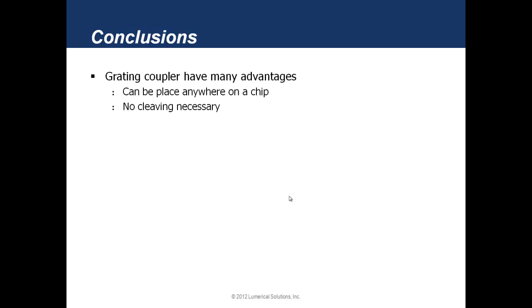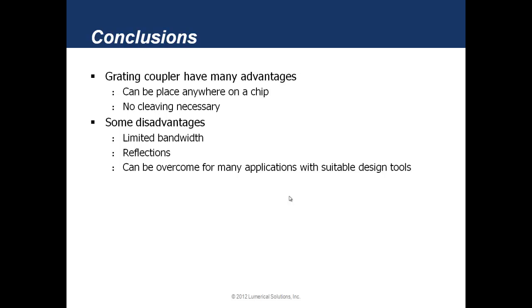So I have a few conclusions at the end of the webinar. As I pointed out at the beginning, the grating coupler can have many different advantages. We can place them anywhere on the chip, and cleaving is not necessary. But of course, they do have some disadvantages. The bandwidth is more limited than end-fire coupling. We can have higher reflections.